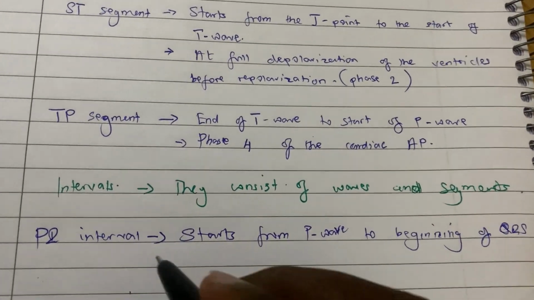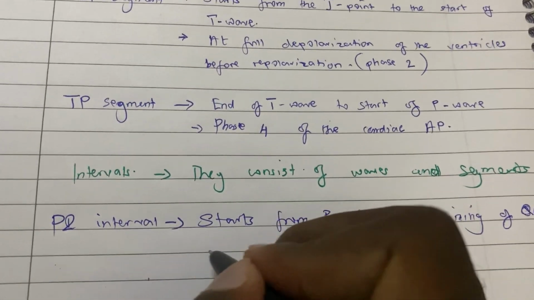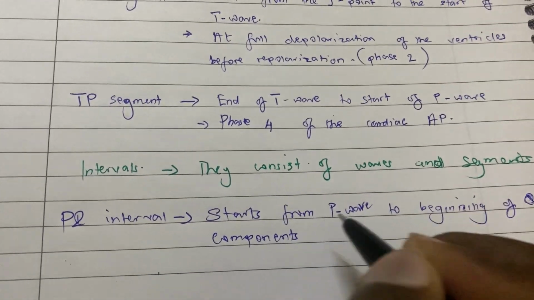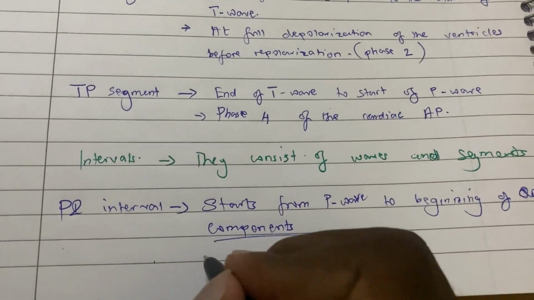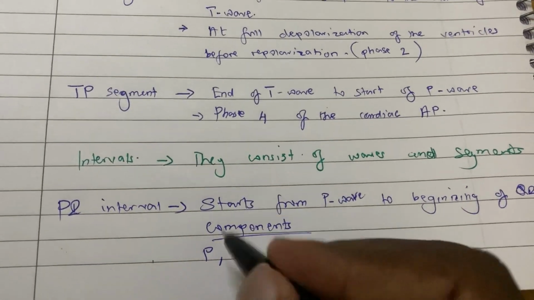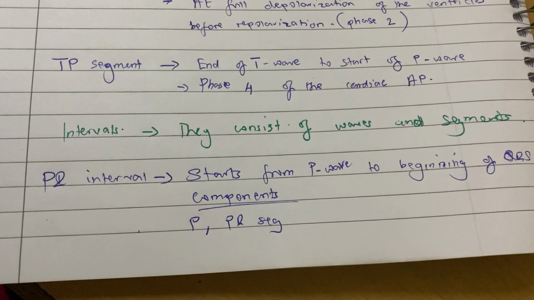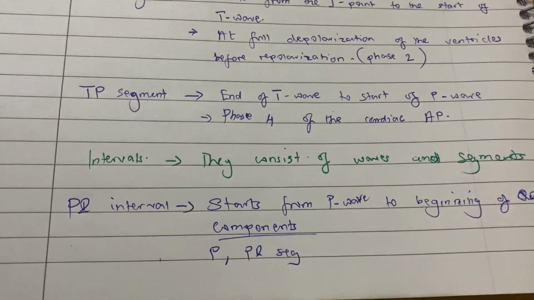So what are the components? Again we write, because some people are using these for exams. Components: it has P wave, it has PR segment. Those are the two components, P wave and PR segment.